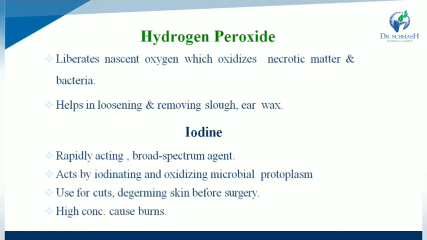So iodine is a rapidly acting broad spectrum agent, and how does it work? It acts by iodinating and oxidizing microbial protoplasm, used for cuts and degerming skin before surgery, and high concentration causes burns. So if you are using a high concentration of iodine, it causes burns.